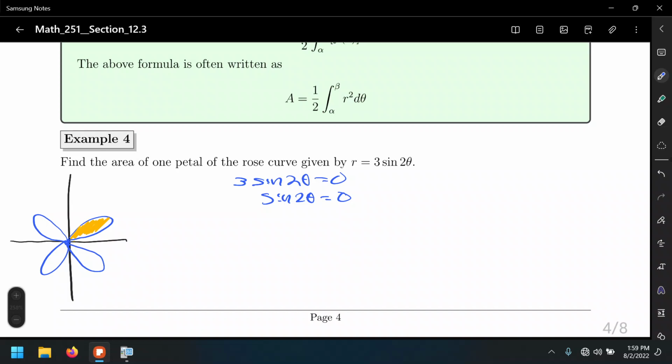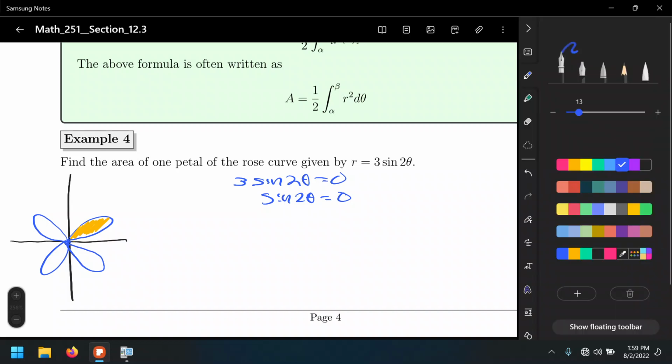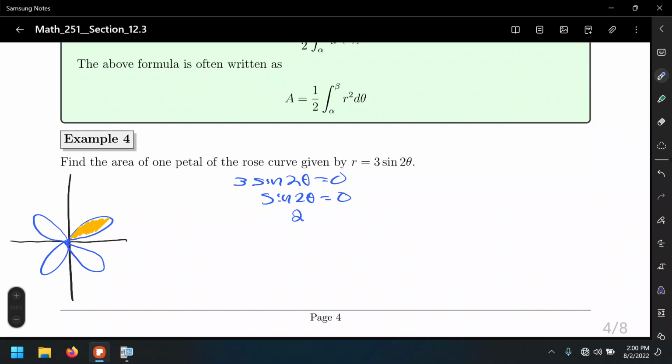So we are looking for the angles for which sine of 2 theta equals 0. For which angles is sine equal to 0 again? Number 1, 0. Is there another angle for which sine equals 0?